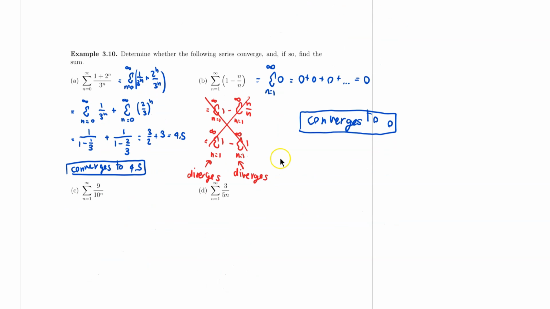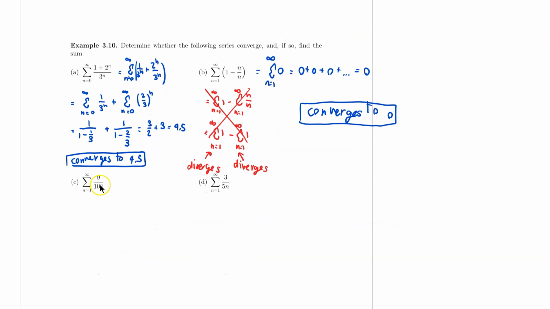Now the next one is something we have seen already. We have 9 over 10 to the n. Now we can pull out the constant 9 here. So this is going to be 9 times the sum of 1 over 10 to the n, where n goes from 1 to infinity. This is just going to be a geometric series.